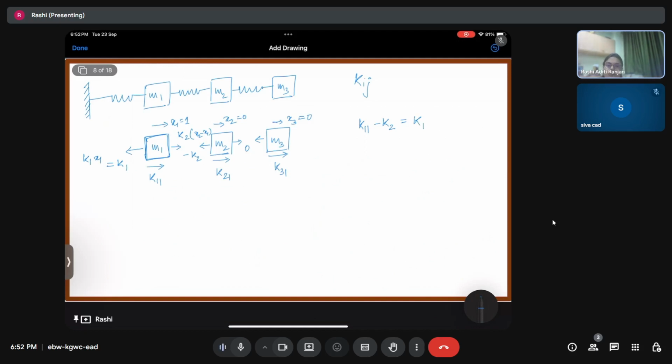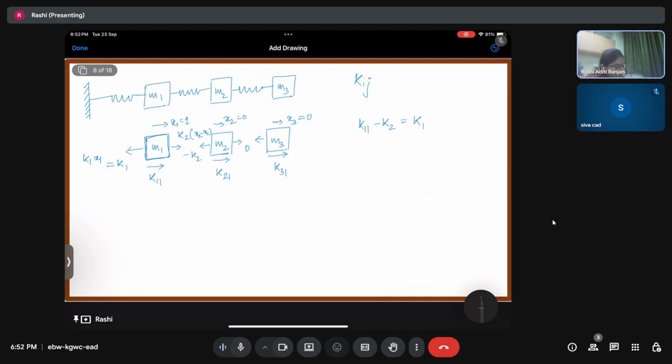Simple. Because K11 over here we considered as a force. The force that is required at mass point 1 to cause a unit displacement x1. Okay. So for unit displacement of J, whatever force is required at I.